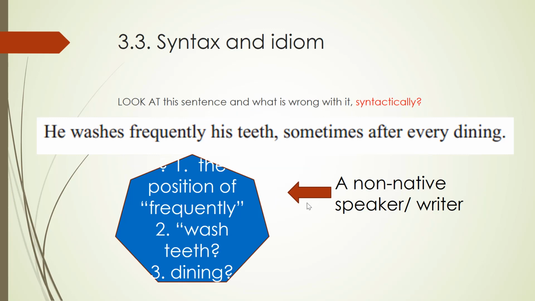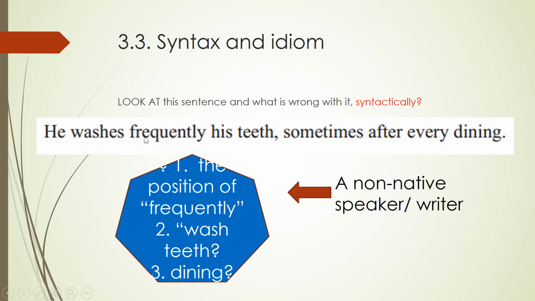For syntax and idiom discussions in copy editing, let's have a look at a sample sentence and point out what is wrong with this sentence grammatically. He washes frequently his teeth, sometimes after every dining. There are 3 problems, to be honest. The first one here is the position of the adverb frequently.